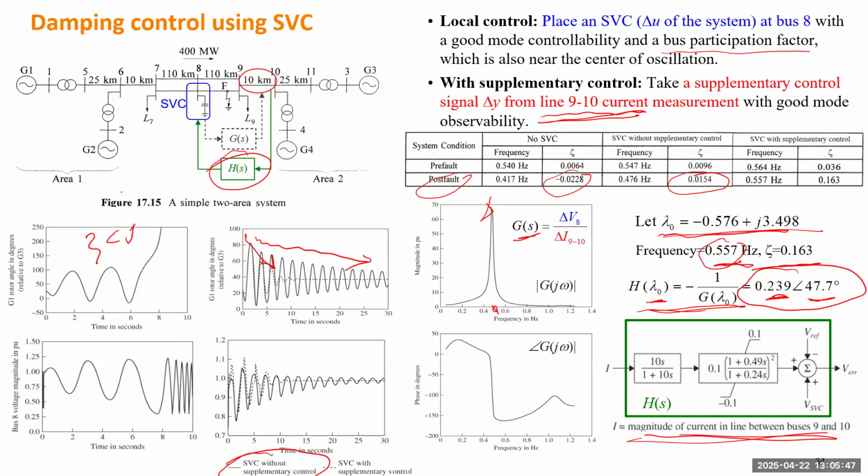But this one is around 1.5%. It's still lower than the typical 3 to 5% of the industry criteria, the threshold. And if you do the remote control, this one will become 16%, which is much bigger than the threshold. That is the same as what we designed.